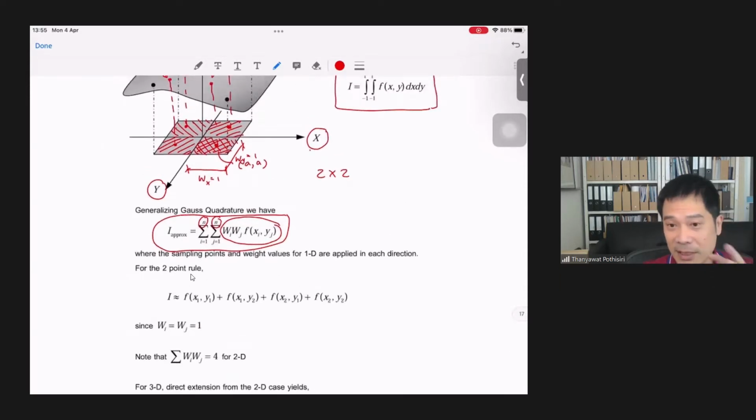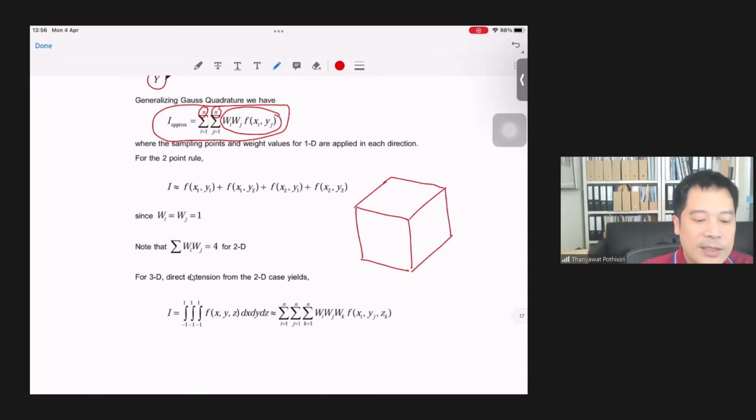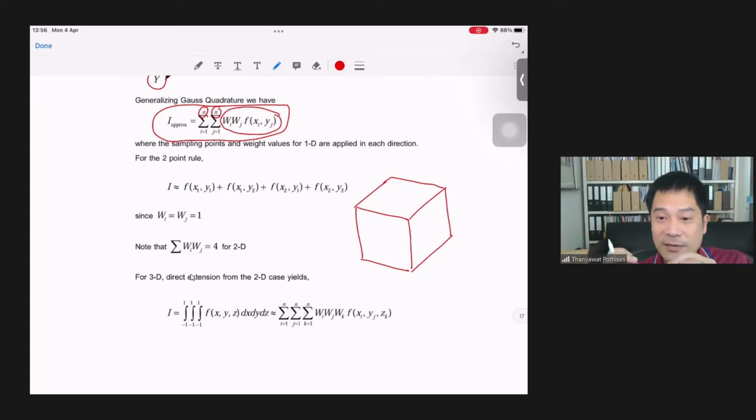But still the same concept applies. If you have a 3-dimensional space, suppose you have 2 points in each direction.